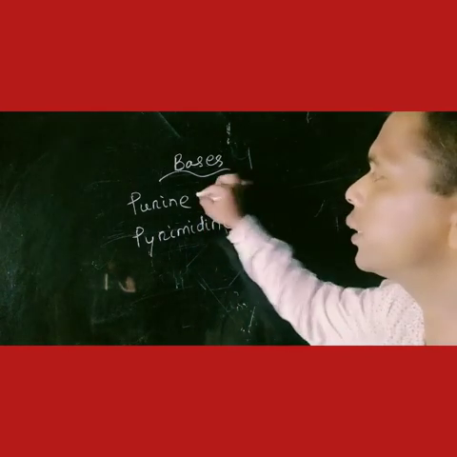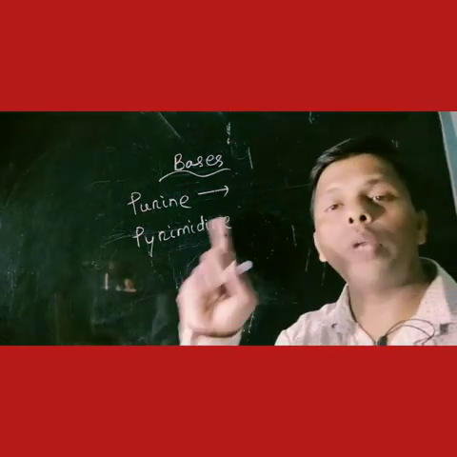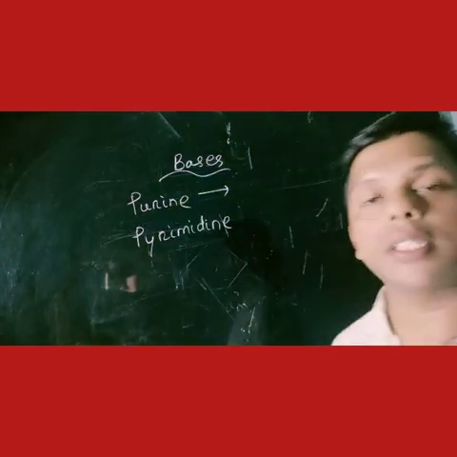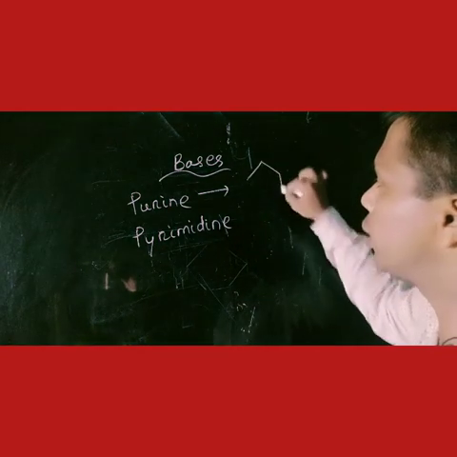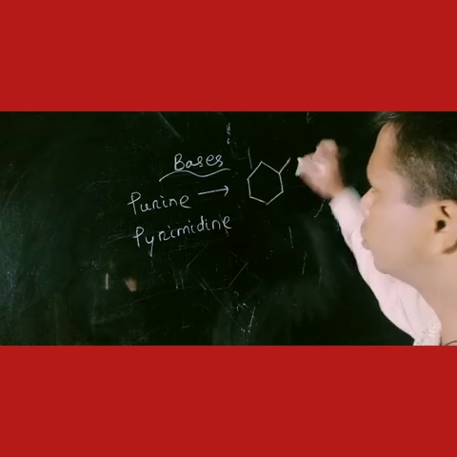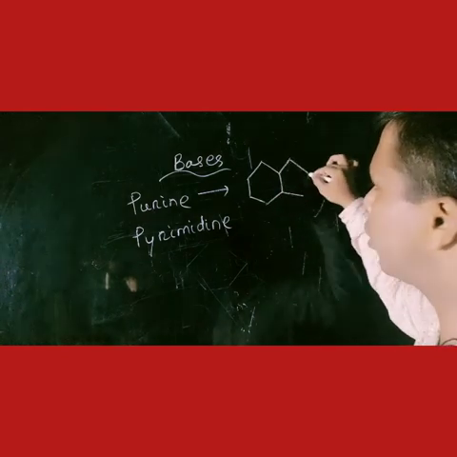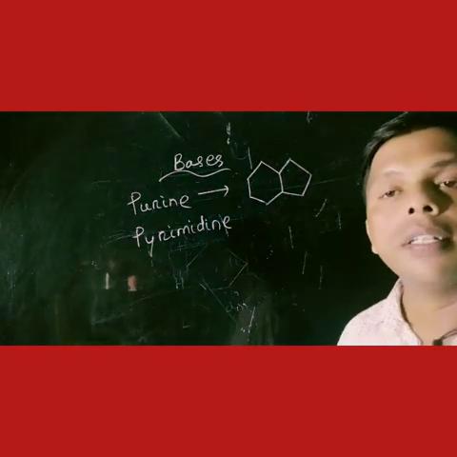In purine bases, there are double rings: a 6-membered carbon ring attached to a 5-membered ring called the imidazole ring.